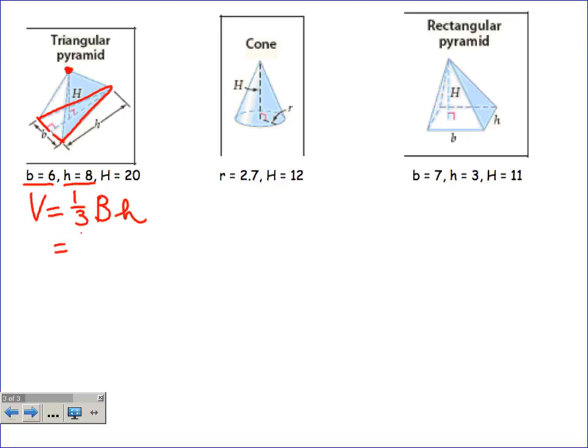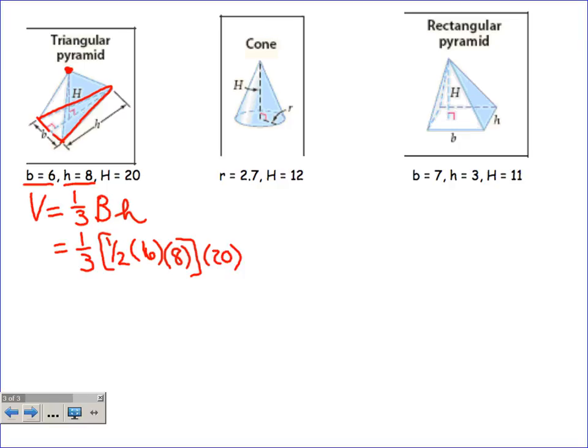So I'd do 1/3, and to find the area of the base, I'm going to put that in brackets so you can tell. It's going to be 1/2 your base times your height. So that'd be 6 times the height of the triangle, which is 8. All that stuff in the brackets is the area of the base. And then the height would be 20.